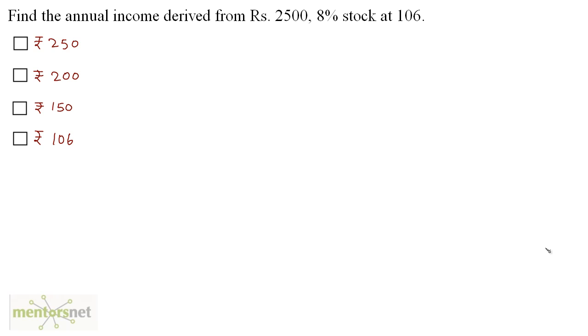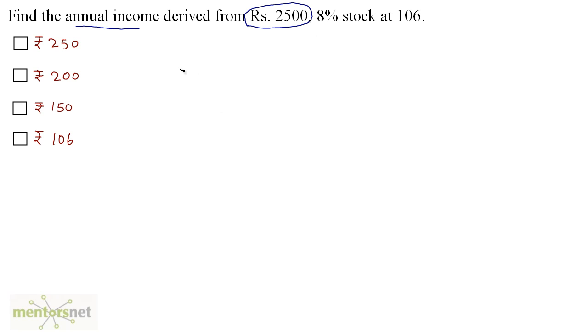Find the annual income derived from rupees 2,500 8% stock at 106. Okay, so when we talk about income or annual income, we always say that it is the dividend, and dividend is always calculated upon the face value. Now we have been given the total face value, and that's 2,500, and the rate of dividend, and that's 8%.